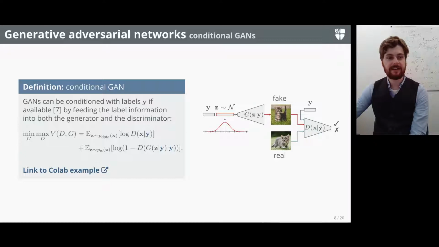If we take the labels of some data, so we know this is a cat or a dog or a horse, and we code this label information as a one-hot vector y, we can just put that y information into our discriminator. So the task now becomes to find x conditional on y. Then you also need to feed that label information into the generator, and the task becomes generating an image conditional on y.